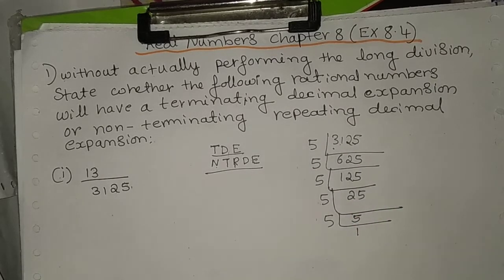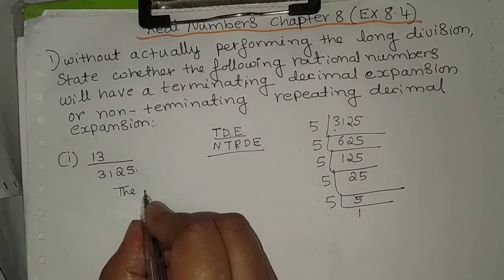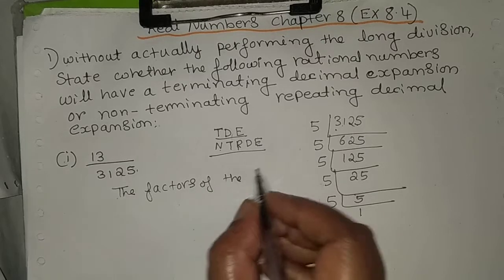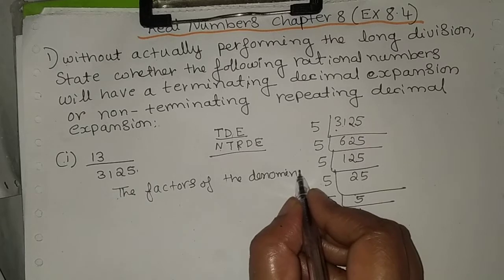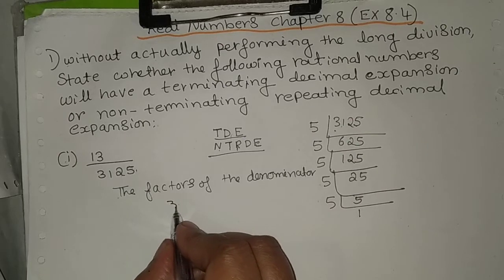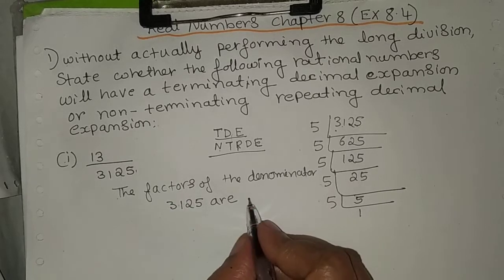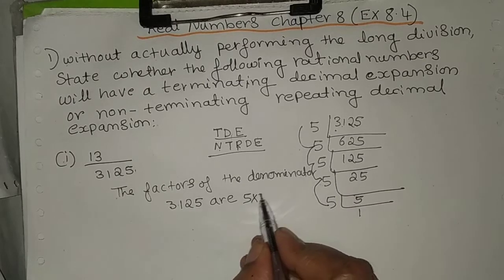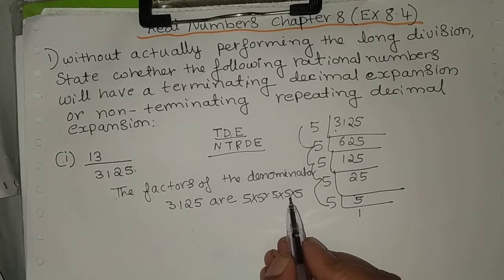After factorization, we write the factors of the denominator 3125, that is 5 into 5 into 5 into 5 into 5, that is 5 to the power of 5.